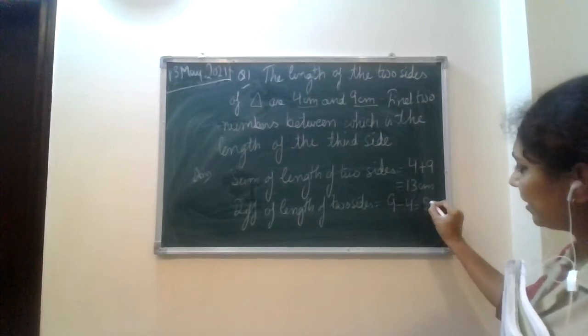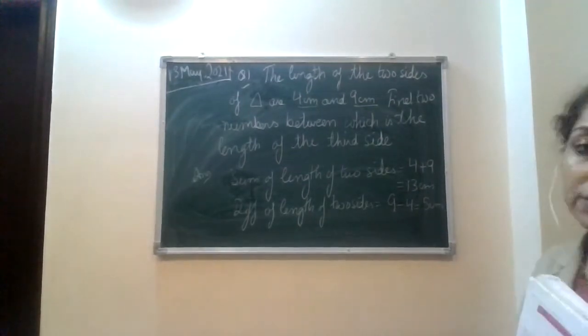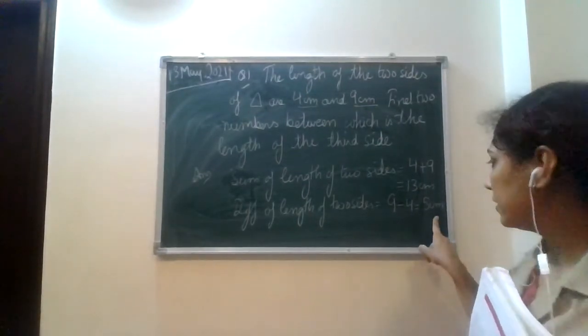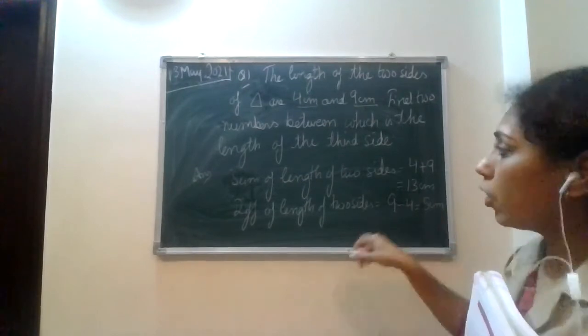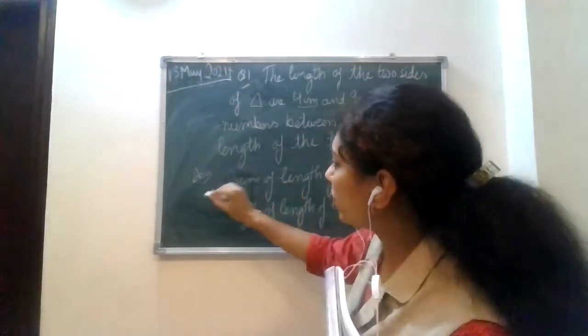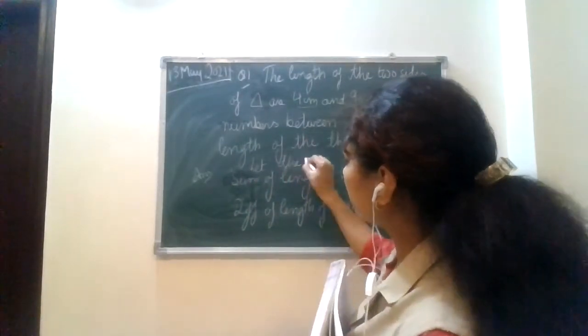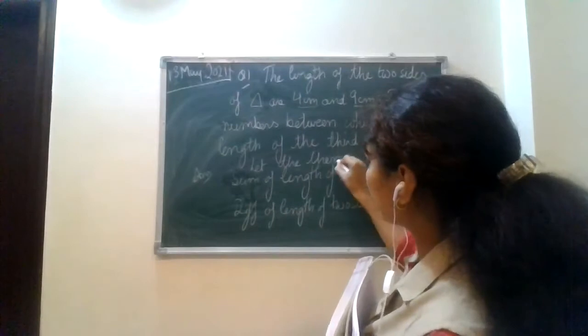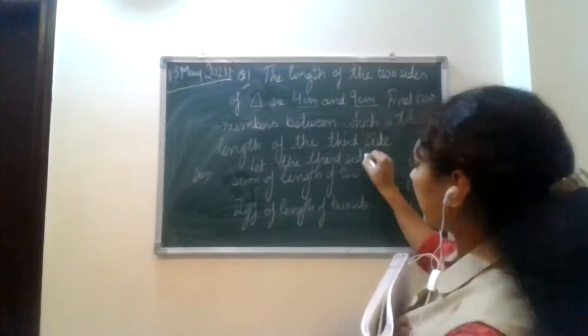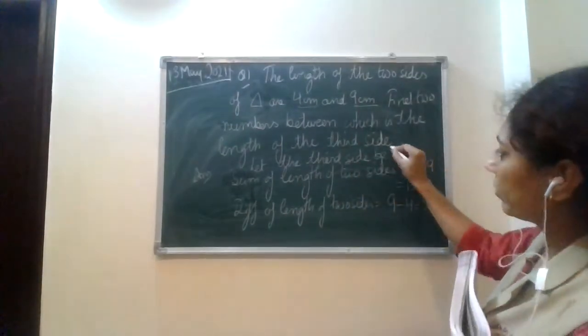This is 5 centimeters. Fine. And your third side should be greater than this, right? Initially, we can assume, let the third side be x centimeter.